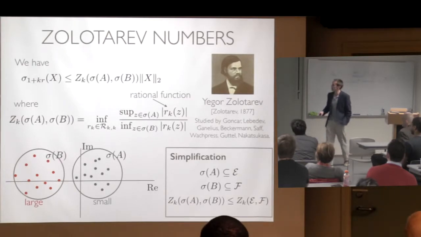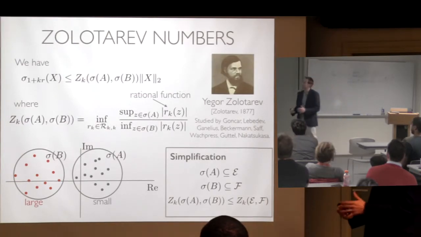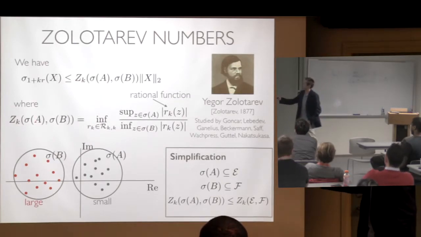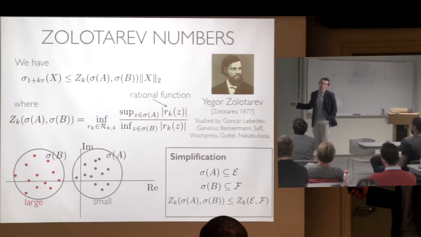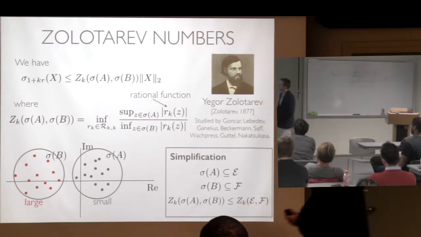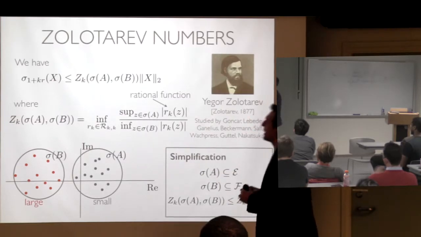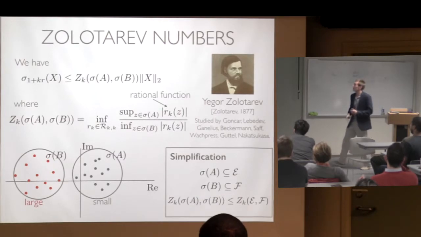So they were interested in best fit rationals and best fit polynomial fits, and best fit rationals is what comes up here to bound singular values. So the Zolotarev number here is actually a rational approximation problem. Here is a rational approximation problem on the discrete sets sigma A and sigma B. And the problem is the following.